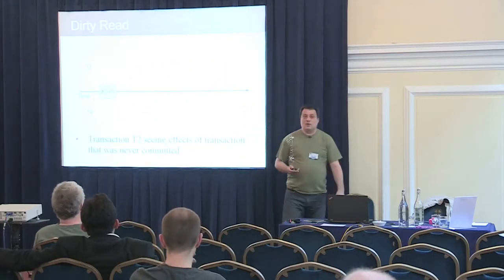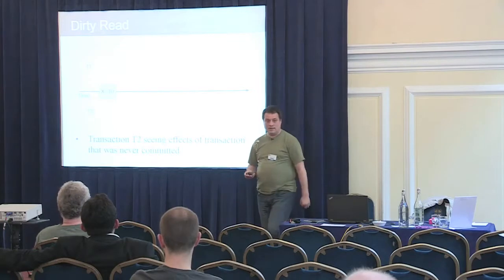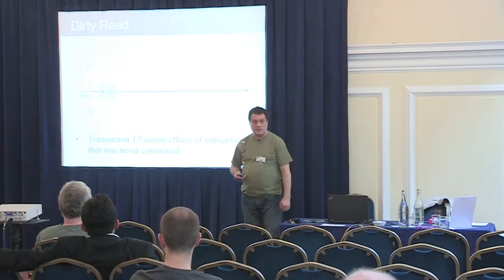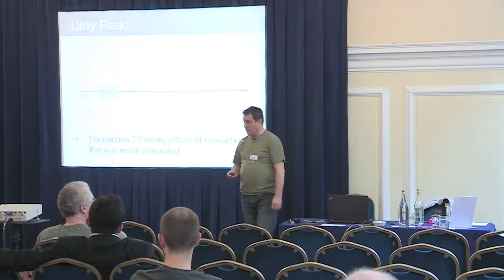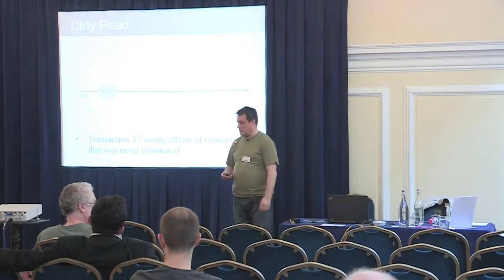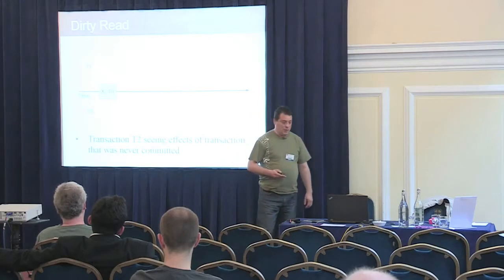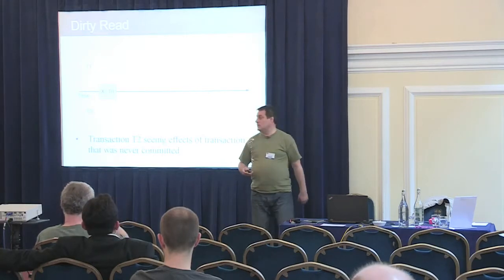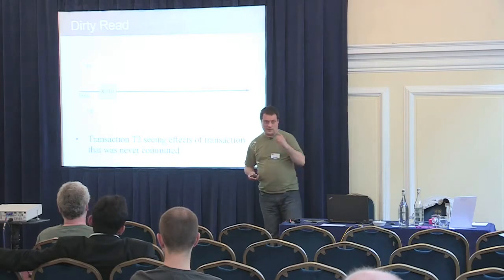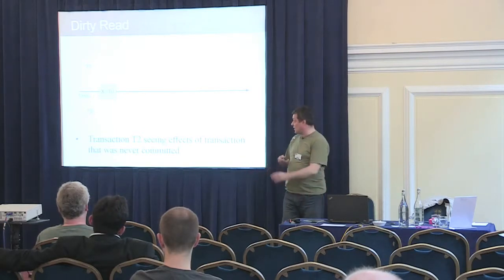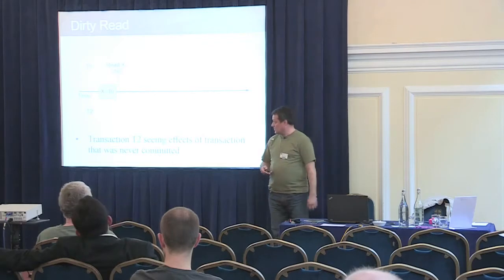Now, the next problem is already allowed for relational database management systems. Still, it might be pretty bad for line of business applications. So the next problem is the so-called dirty read. So we have again the same starting point. We have two transactions. We have the timeline, initial state, x equals 10.